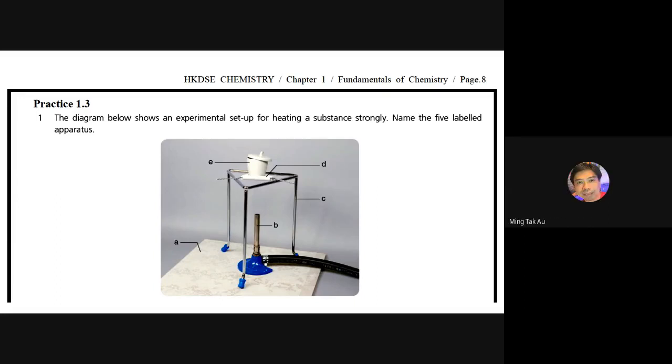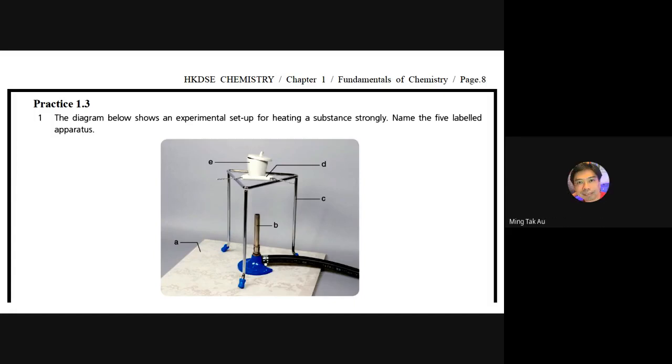Bunsen burner. Right, remember Bunsen must be a capital letter. And question C, what is your answer? Class number 3, Kelly. Tripod. Right. Next one, Vicky, class number 4. Pipeclay triangle. Right, very good.